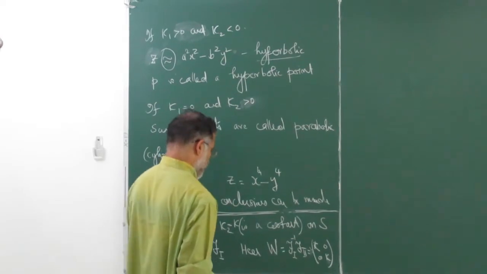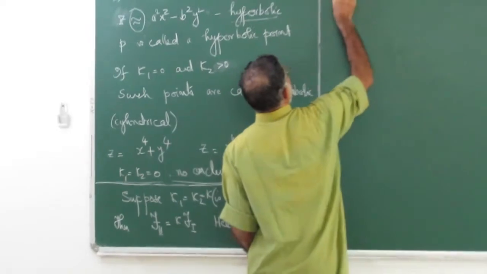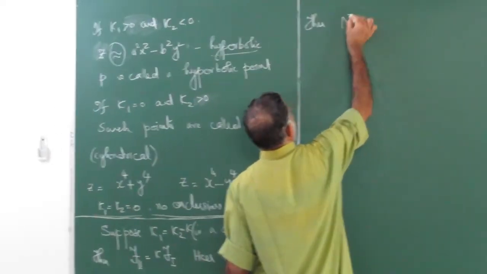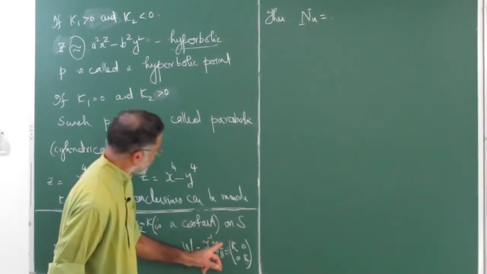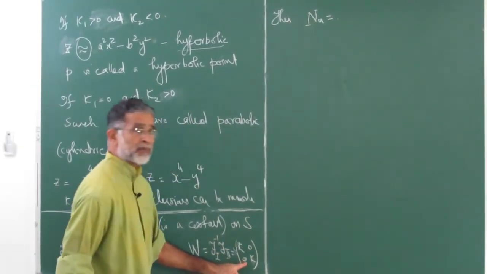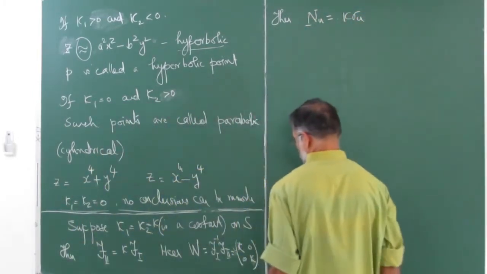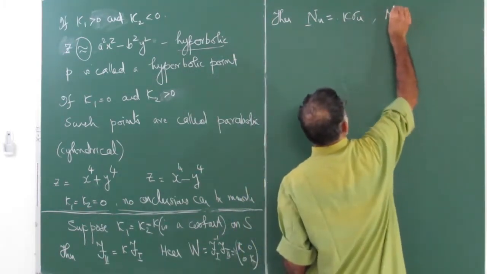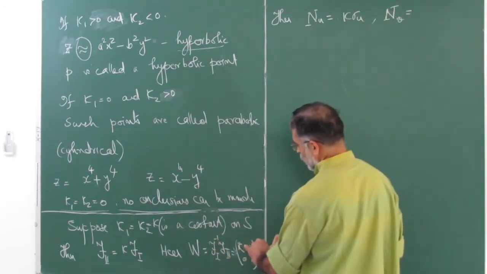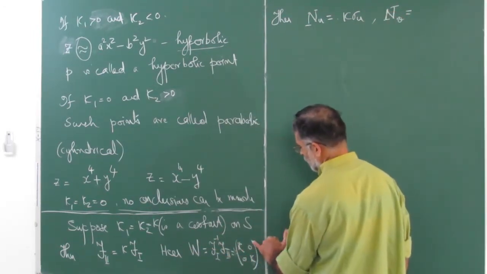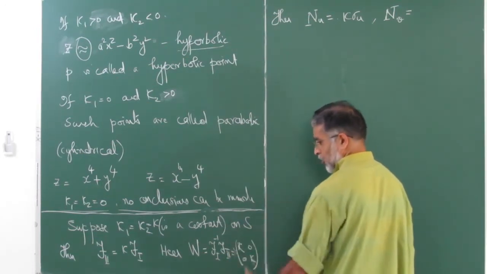But what is this? This will tell you the normal derivatives. If N_u is equal to A sigma_u plus B sigma_v, N_v is equal to C sigma_u plus D sigma_v, then that matrix is called the Weingarten matrix.